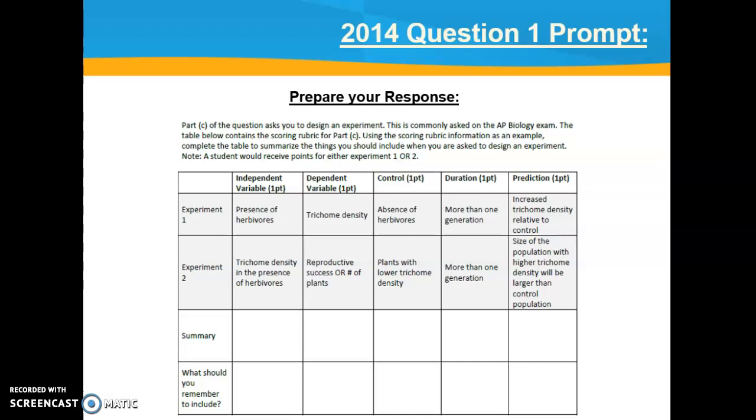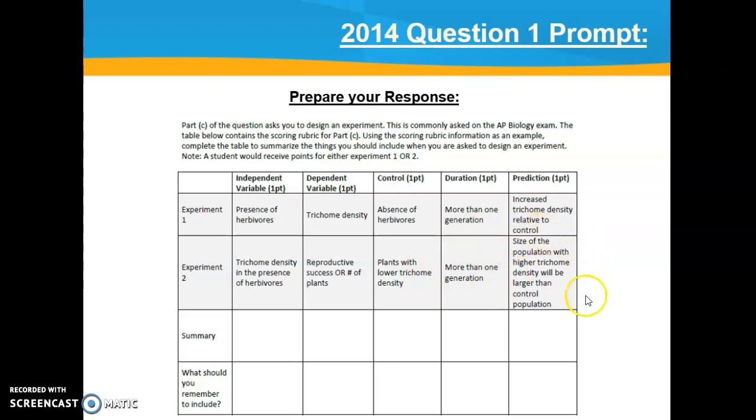You could count this by the reproductive success, so how many plants survive and reproduce, or just how many plants in general survive. The control group is going to be the one that has the lowest trichome density. And again, we would follow this for more than 1 generation.